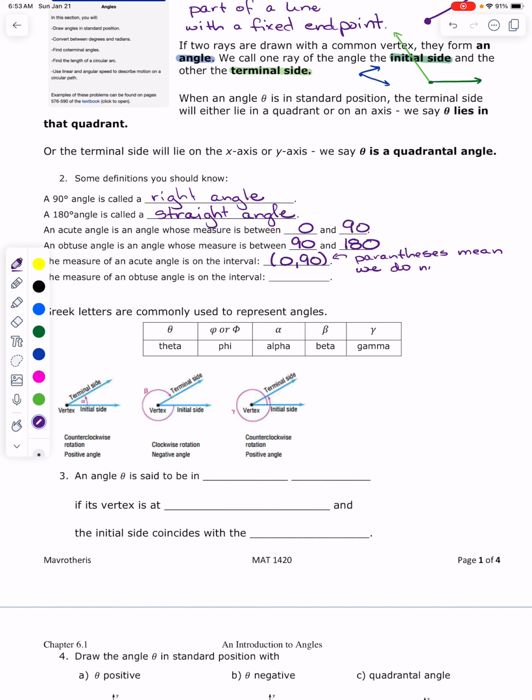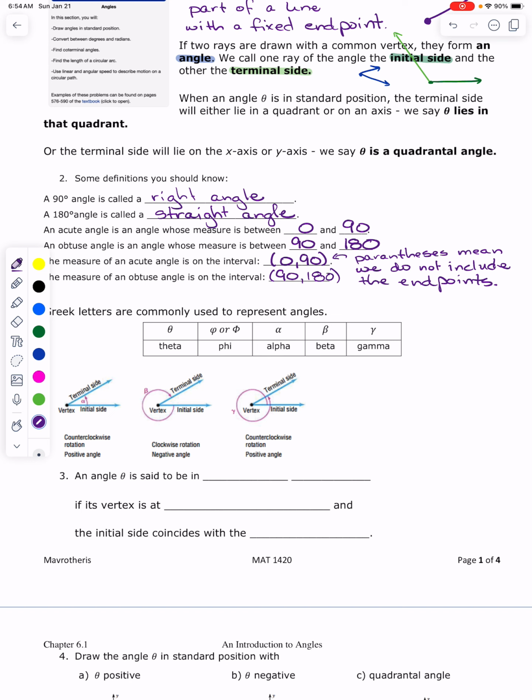We do not include those endpoints. And so the measure of an obtuse angle, we're going to go from 90 to 180.